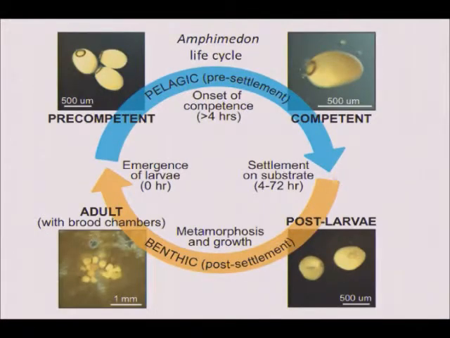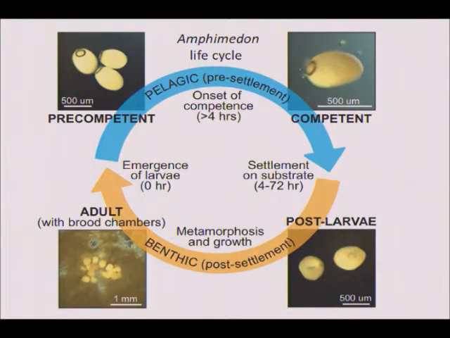So the last part of the talk, I now want to tell you the most recent data that we've done. We've now completed transcriptomes on all 4 life cycle stages of the sponge here. This is material that was collected from Great Barrier Reef off of Heron Island by Bernie Degnan.